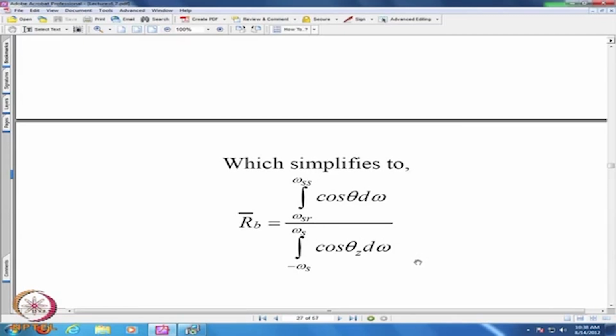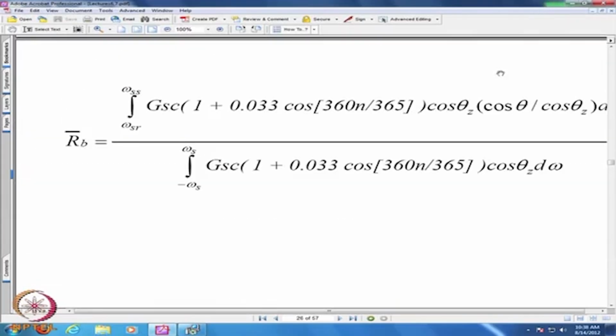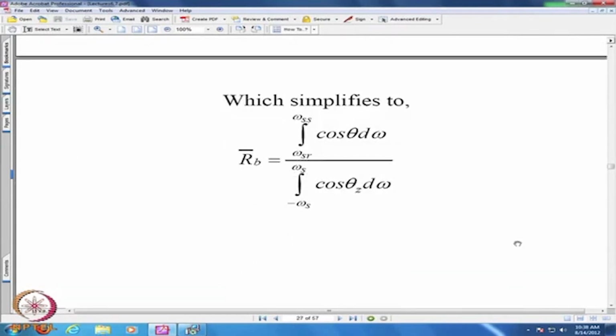This is surprising, whereas RB is cos theta by cos theta z, whereas RB bar is integral cos theta over integral cos theta z. That is not perfectly valid mathematics, but it turned out to be so because of the relation between GON and cos theta z, where this cos theta z gets cancelled. Consequently, it looks as if the numerator and denominator are separately integrated to get the integrated value of the function.